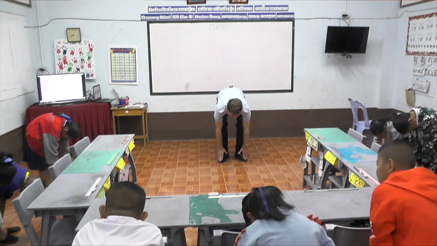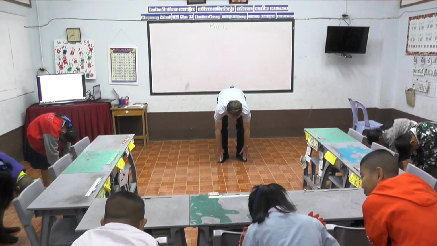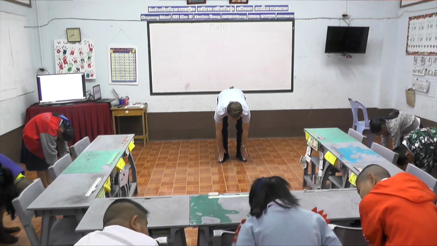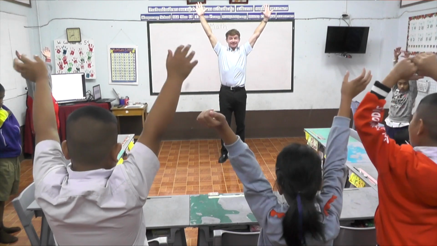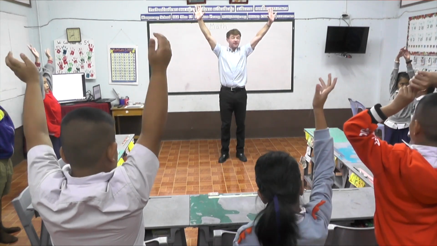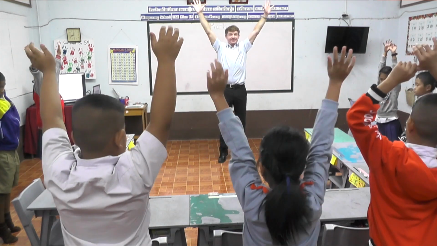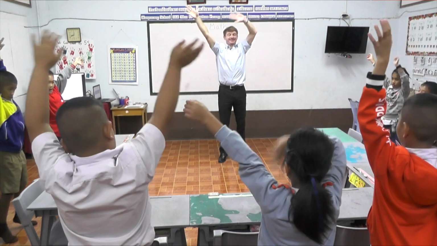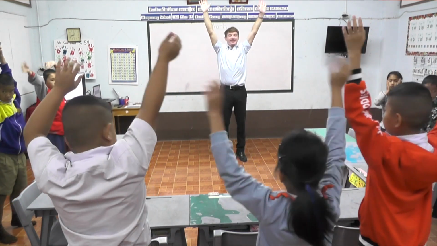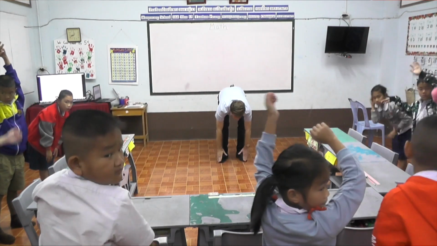Touch your toes. And then back up high. This time, can we go tippy toe high? And when we're there, give a little wave. Excellent. And then let's go back down. Touch your toes.